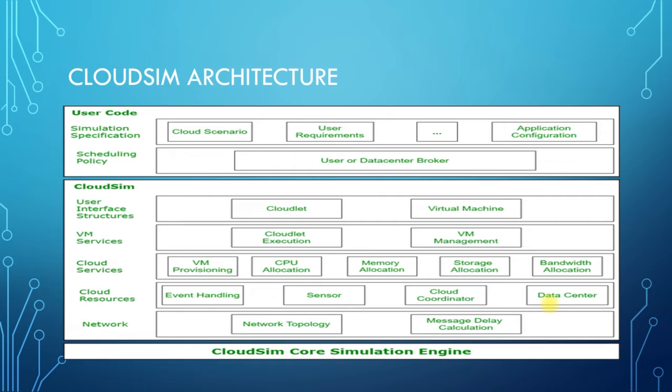The cloud services and cloud resource segment contain VM provisioning, CPU allocation, memory allocation, storage allocation, bandwidth allocation, sensor, cloud coordinator, and data center handling, event handling, some of the most important parts from the perspective of CloudSim. And when you're talking about users, we have a scheduling policy, which is a user or data center broker, and simulation specification, which contains cloud scenario, user requirements, and application configuration. And there are a lot of those in between that are not labeled or shown here.